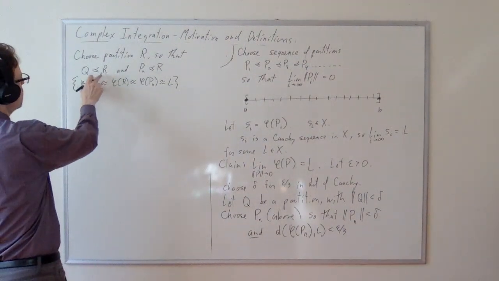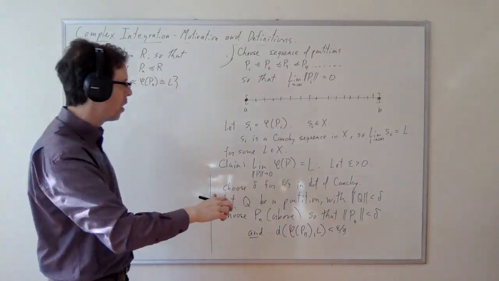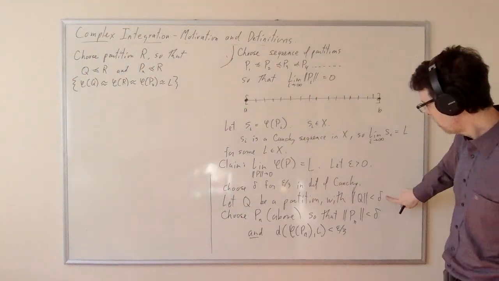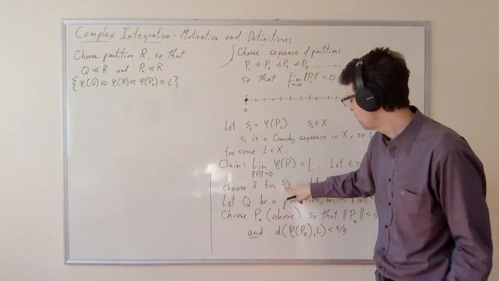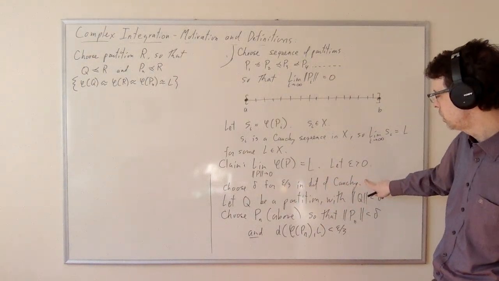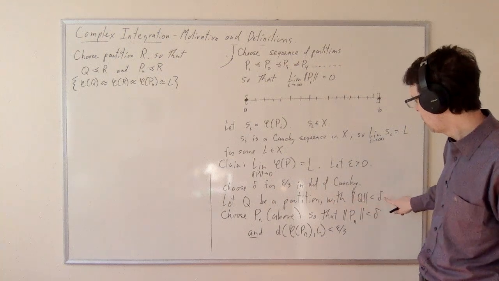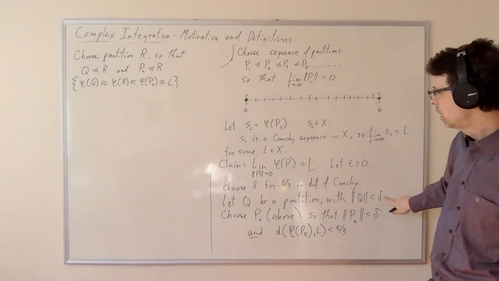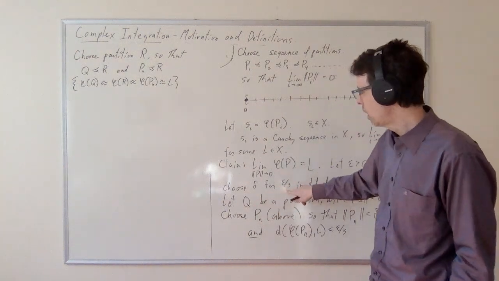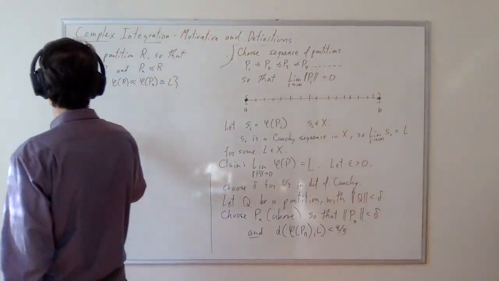So notice that Q and R both have norm less than delta. And I've chosen delta for epsilon over 3 in the definition of Cauchy. And they satisfy that refinement relationship. And so that will get me this distance less than epsilon over 3. So let's make that happen.